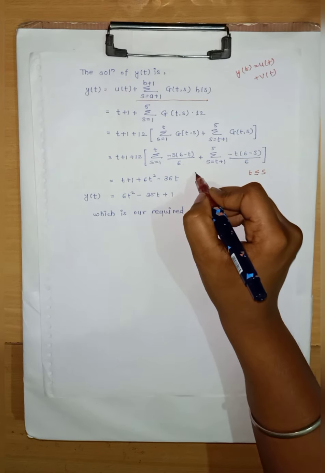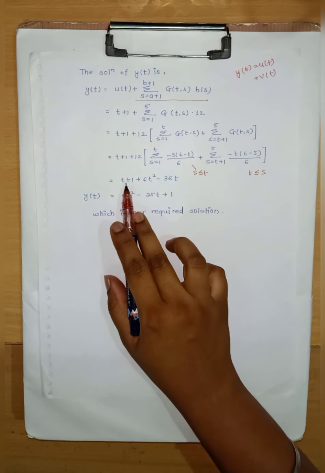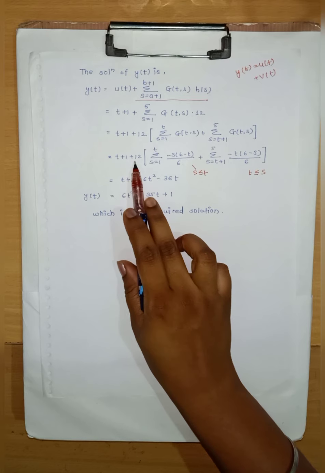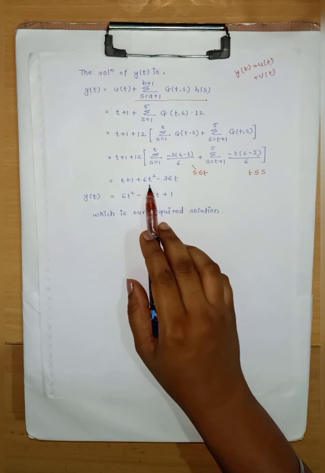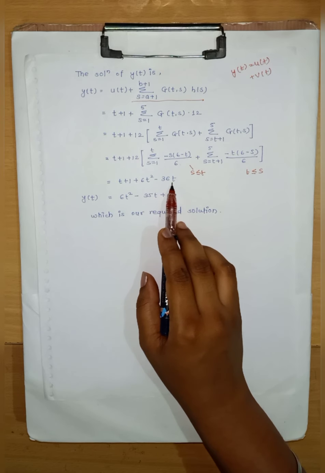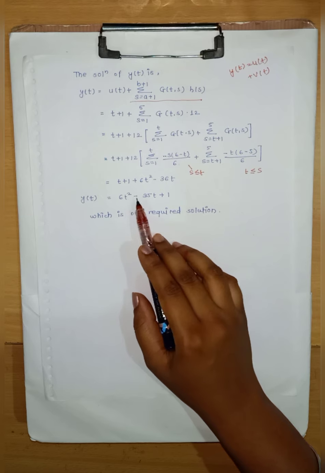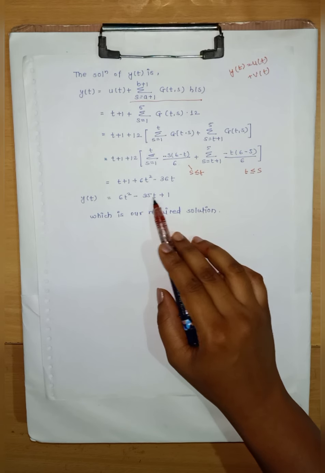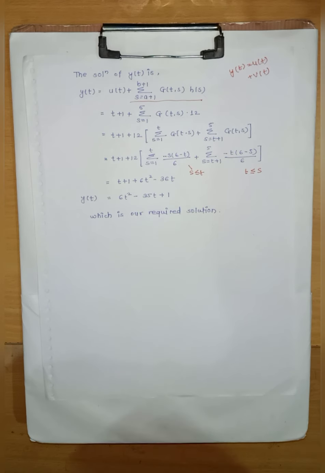This is the value for s less than or equal to t, and this is the value for t less than or equal to s. Multiplying this 12 into the whole bracket, we get 6t² - 36t. Therefore y(t) = 6t² - 35t + 1, which is our required solution.